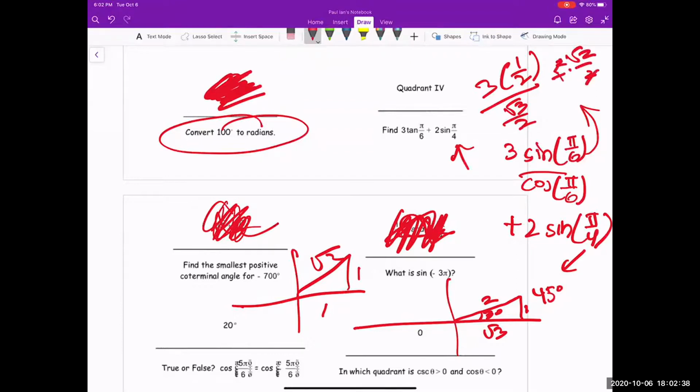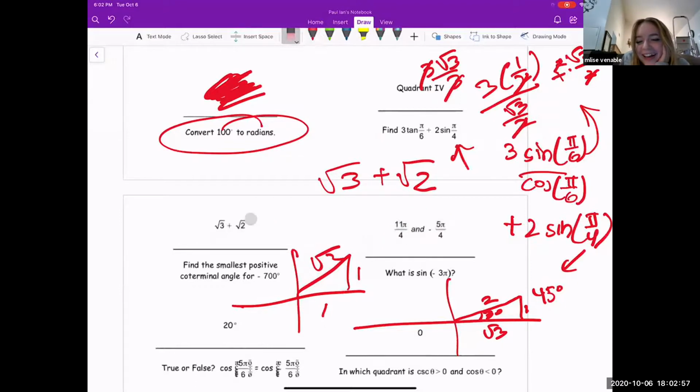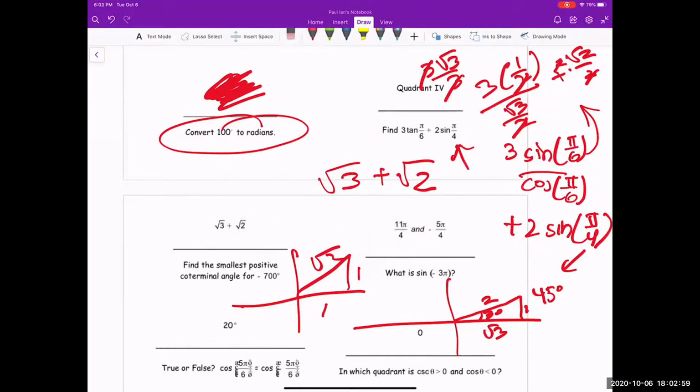Cancel, cancel. So 3, root 3 over 3. Cancel, cancel. Oh, I think I know what they did. This looks familiar. Okay. What in the world?